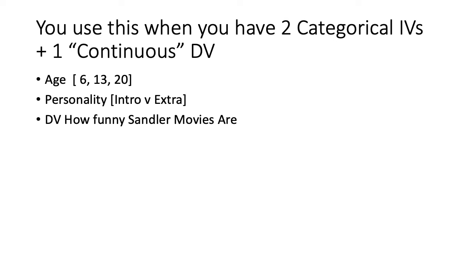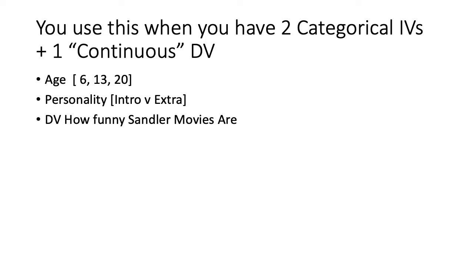So you have, for example, in the practice test, 2 categorical variables: age, which you're like, wait, age is continuous. Not when the ages that they were measured at were 6, 13, and 20. So that's a categorical variable. And personality, which was introversion and extroversion.